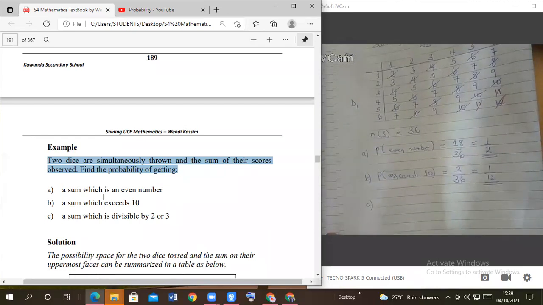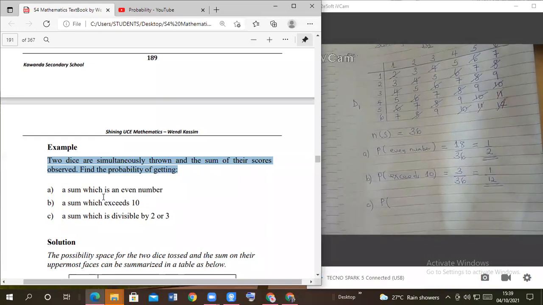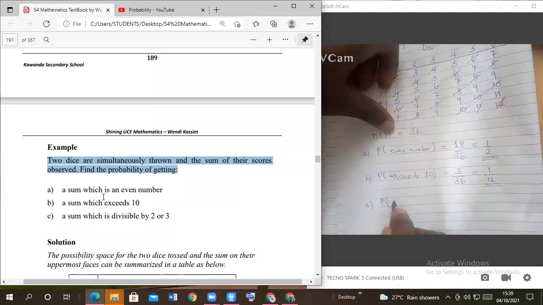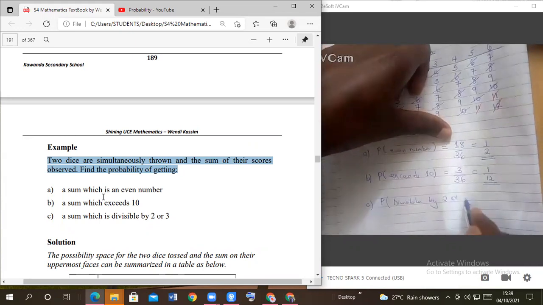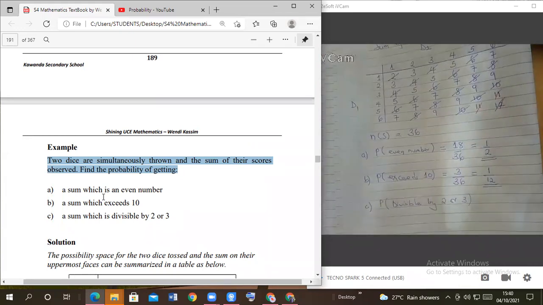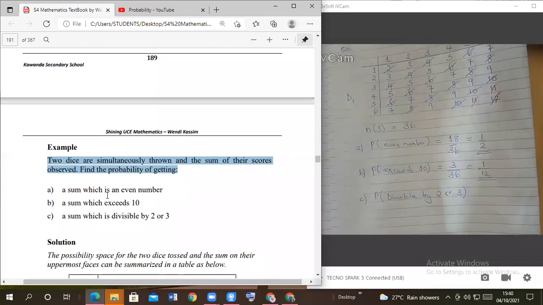Part C. They want you to find the probability of a sum which is divisible by 2 or 3.